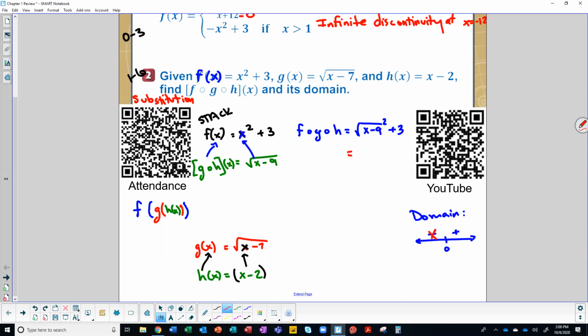And so we're left with x minus 9 plus 3, which means, when we simplify that, again, to use the best type of writing, f of g of h of x would equal x minus, I owe a friend 9, but I have $3 in my pocket, minus 6. That right there would be your answer.